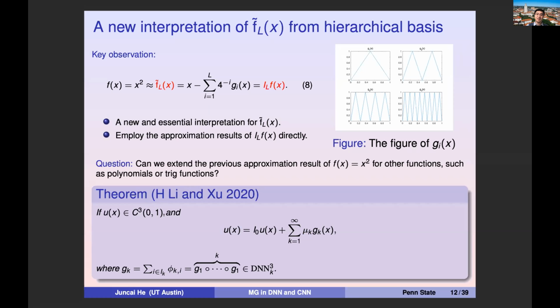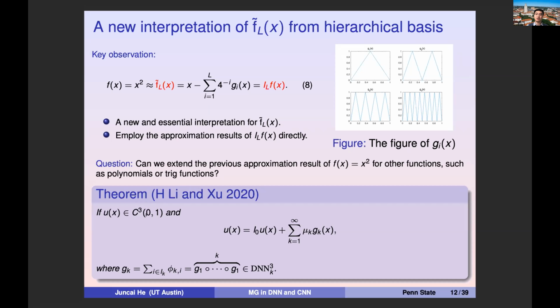But here we prove that if you have some regularity, you can just make a cutoff. You can say this mu_k equals 0 if k is greater than some positive number. Then you get a piecewise linear function, which you can efficiently represent with this ReLU DNN. Not approximate, just represent.